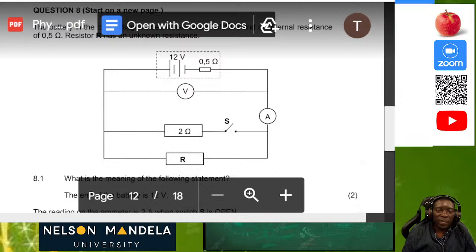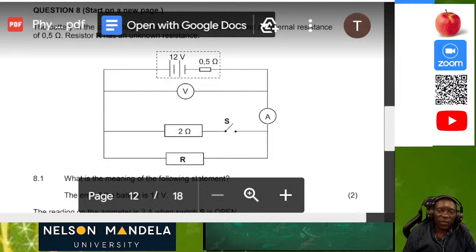Then the voltmeter, you should know by now, doesn't draw any current. It simply measures the difference in potential between the 2 points connected to it. Which means our voltmeter should measure the potential difference between the point to the left of the circuit, that is the positive terminal of the 12-volt battery, and the other side, which is the negative terminal of the 12-volt battery.